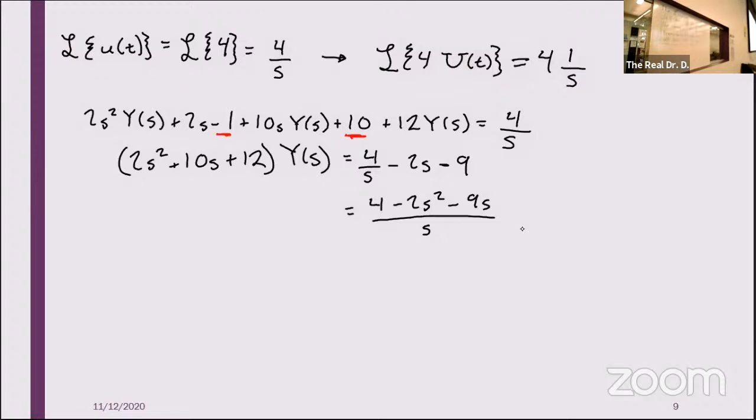So now we can divide through, and I'll get 4 minus 2s squared minus 9s over s times 2s squared plus 10s plus 12. There we have it. We can inverse Laplace transform this now.